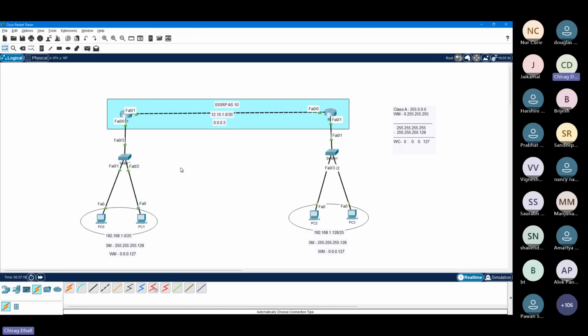That's the required syntax for telling the router which interface is supposed to participate in EIGRP.